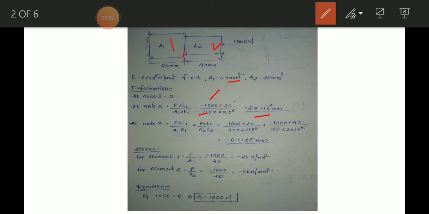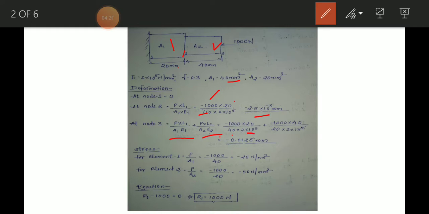At node 3 we have to add the deformation at node 2 and the deformation at node 3, so we have to write down two separate formulas, for node 2 and node 3. So first, P is minus 1000 into L1 is 20, A1 is 40, and E is of course 2 into 10 raised to 5.